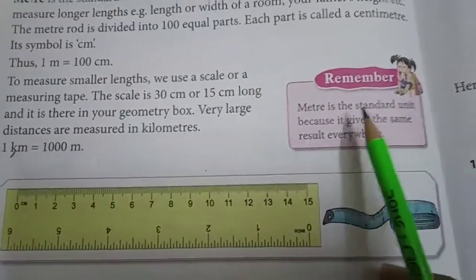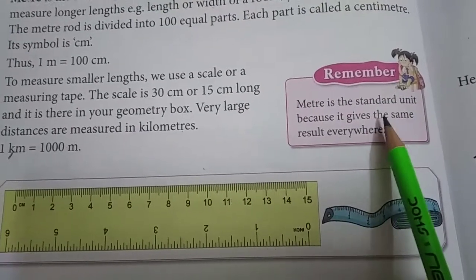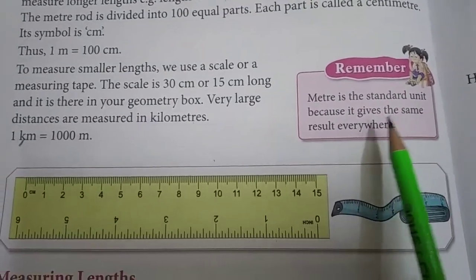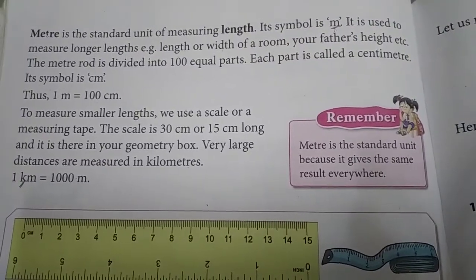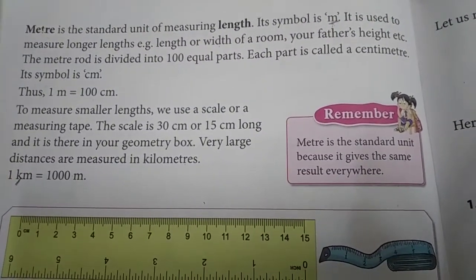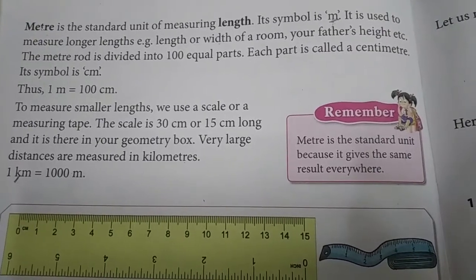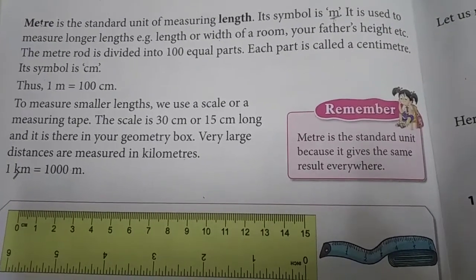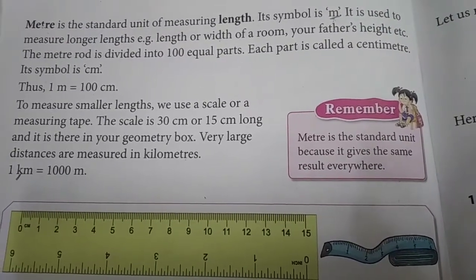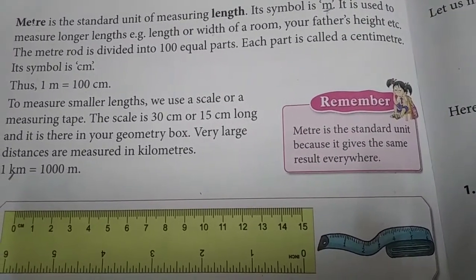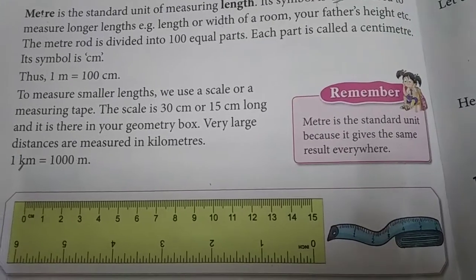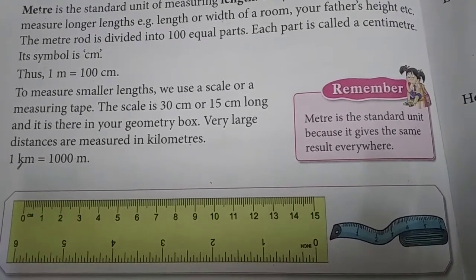Okay. So meter is the standard unit because it gives the same result everywhere. So what we learned here is what? Meter is the standard unit of measuring length. Centimeter is what? 1 meter is equal to 100 centimeters, which is used for smaller lengths, and for very large distances we use kilometer.